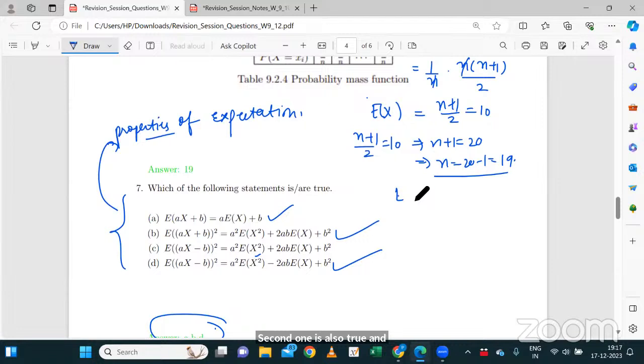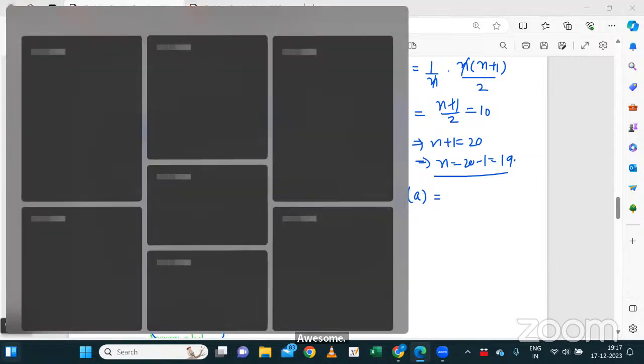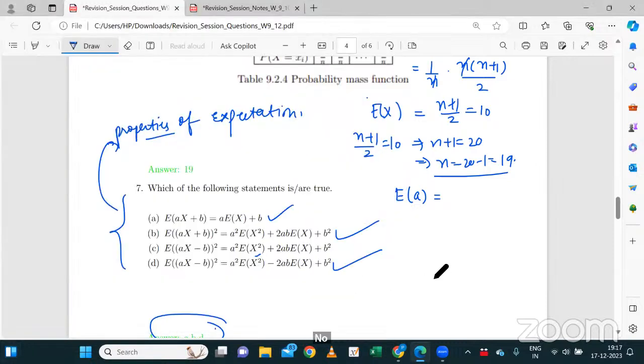What about the expectation of a constant? Suppose A is a constant. What is the expectation of a constant A?